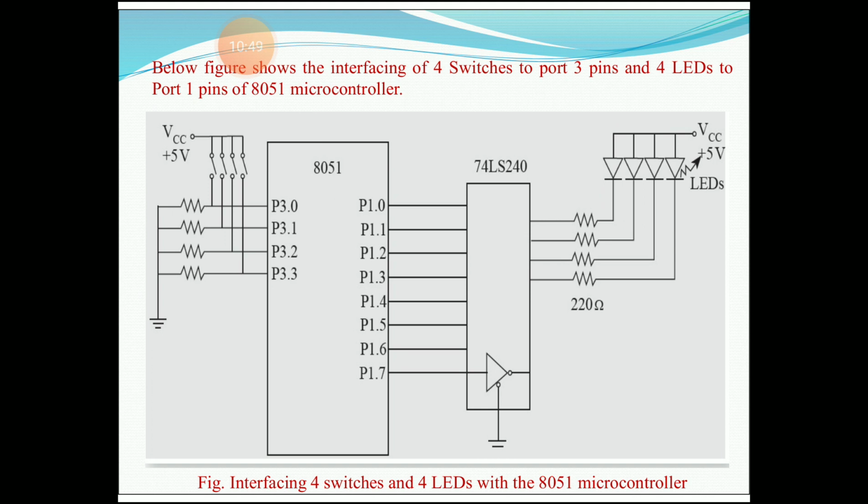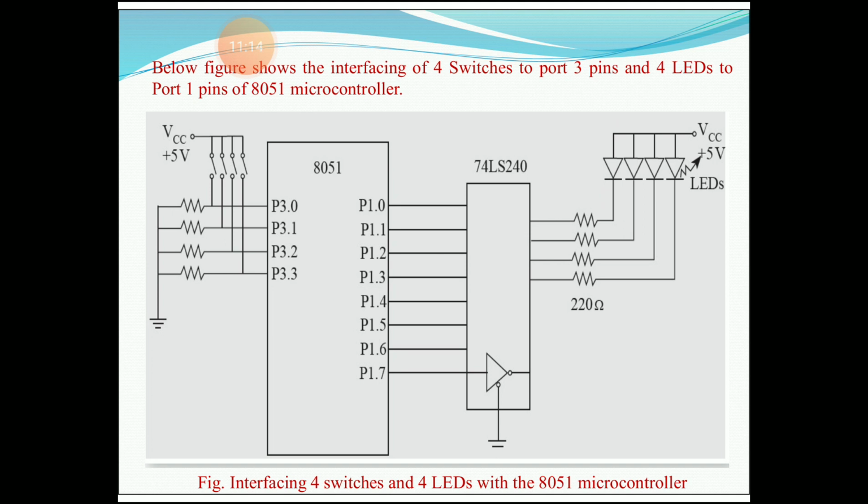The port 3 lines carry switch conditions, that is on and off conditions in terms of zeros and ones, and send them to port 1. Port 1 sends this information to the LEDs through the driver circuit. When the corresponding port 1 line becomes 1, the corresponding LED will be on.